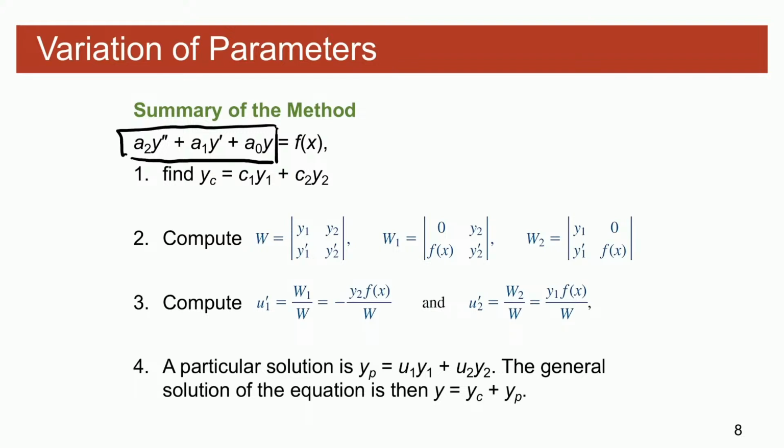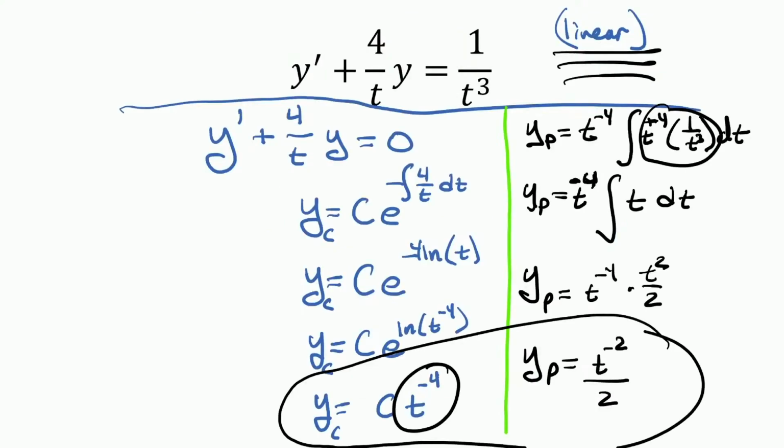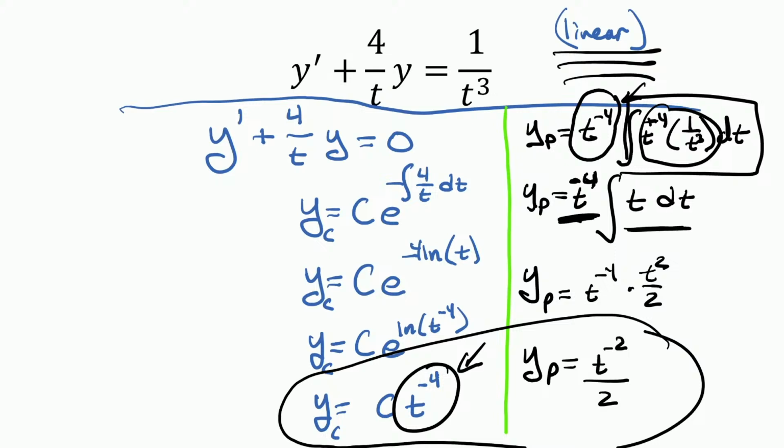But what I wanted to point out here is that the particular solution looks similar. These things are similar to back here where I took the complementary solution right there and multiplied it by an integral. So you've got the complementary solution times an integral in each case.